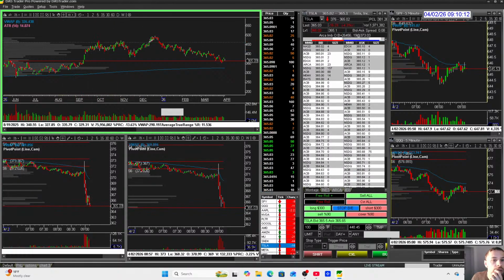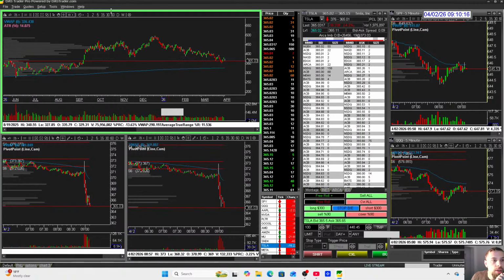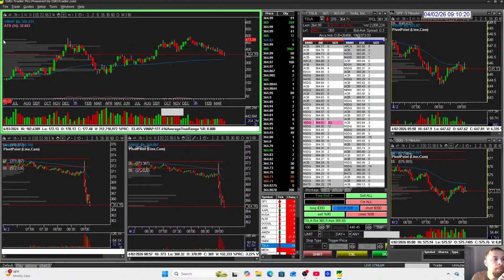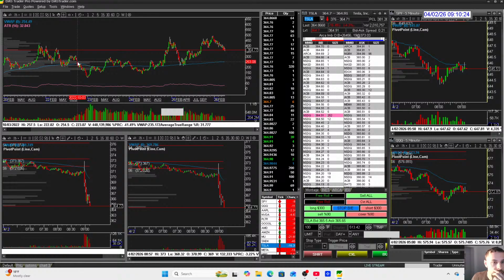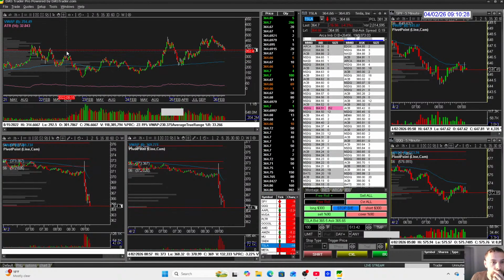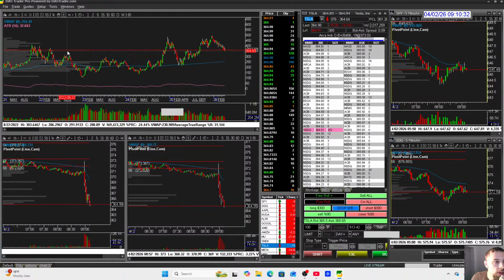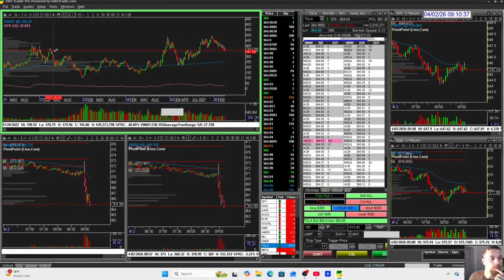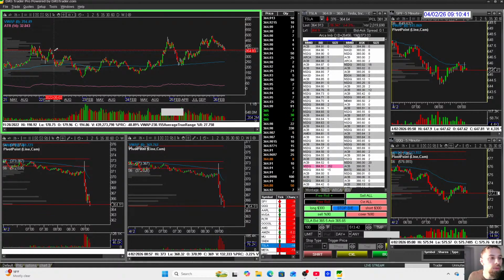Let's see, okay, we're on the daily. Let's check out the weekly. Alright, looking left here. Area support, I'm just going to draw the low of this weekly candle that it's at, which will be around 354.